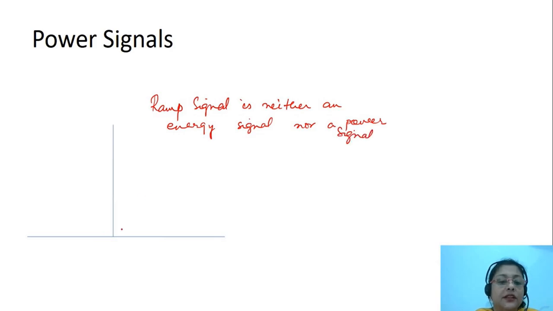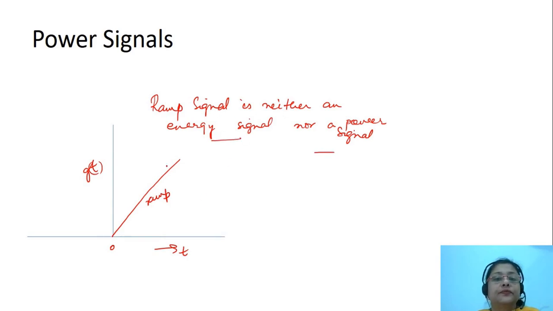Because for the ramp signal, the nature of the ramp signal is like this. You can see here, this is not a periodic signal. And also its amplitude does not tend to zero as t tends to infinity. So this ramp signal is an example of a signal which is neither an energy signal nor a power signal.